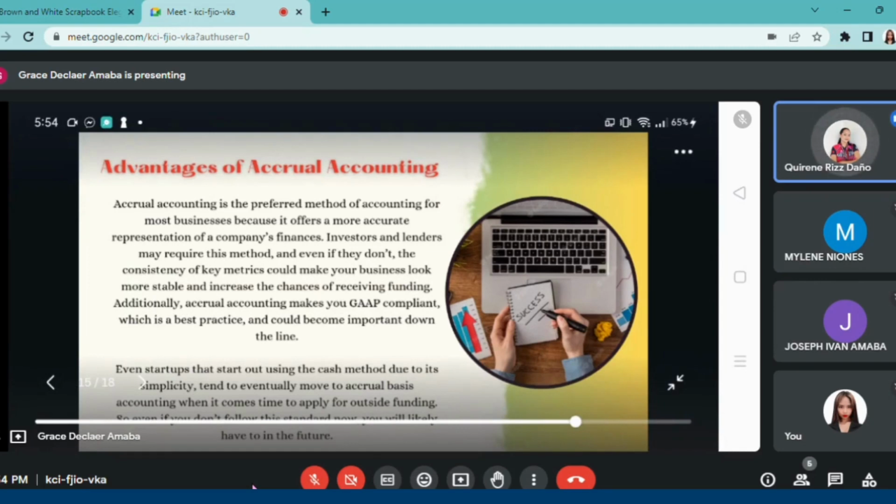Next, accrual accounting allows for a more comprehensive and transparent representation of a company's financial activities as it recognizes transactions when they occur, regardless of cash flow timings. This facilitates better financial analysis, planning and forecasting. Additionally, accrual accounting aligns with generally accepted accounting principles and is required for publicly traded companies, ensuring company compliance with regulatory standards. Next.